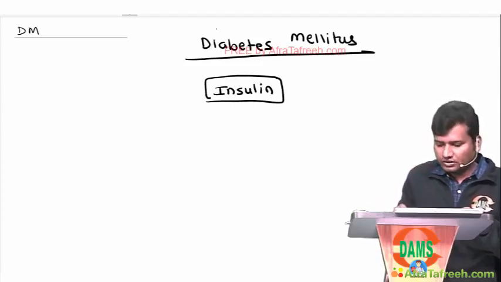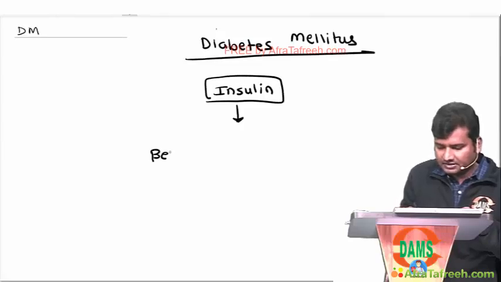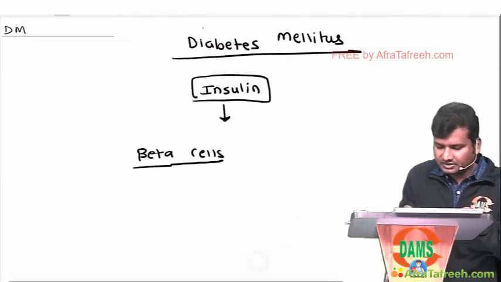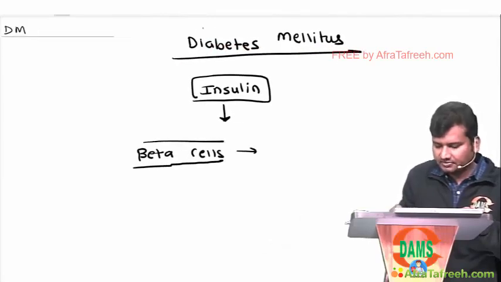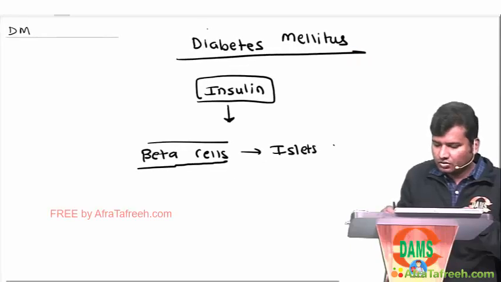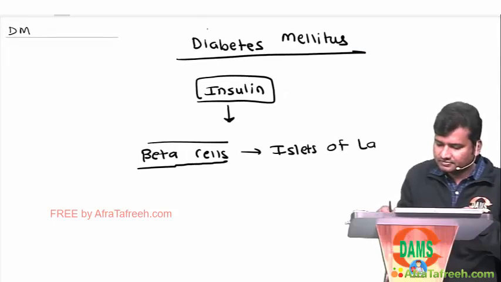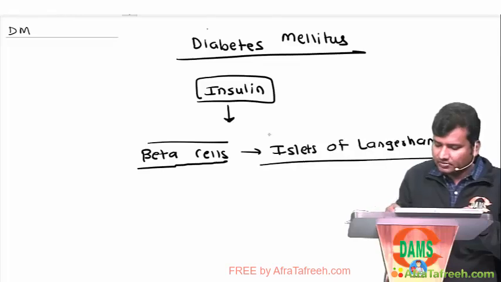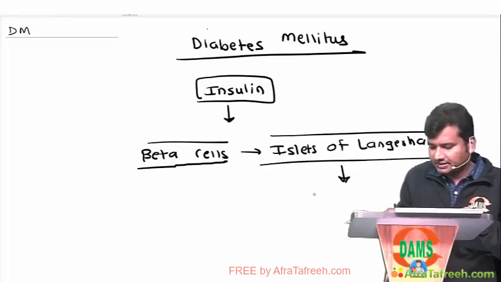All of you know insulin is secreted by beta cells. These beta cells are present in islets of Langerhans, and these islets of Langerhans are present in pancreas.